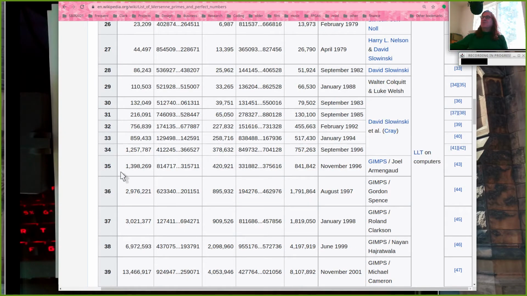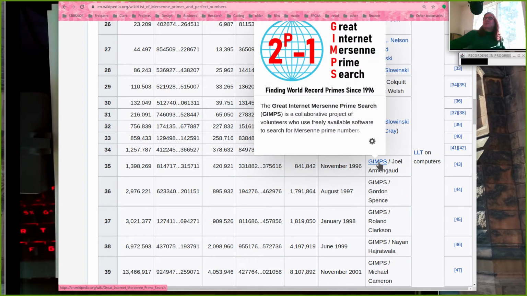But when you look at who discovered these, something interesting happens in the mid-90s. This was discovered by something called GIMPS, the Great Internet Mersenne Prime Search. This was a crowdsourced program for trying to find large Mersenne primes.